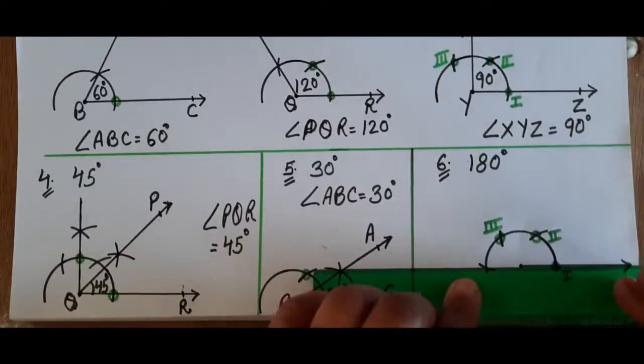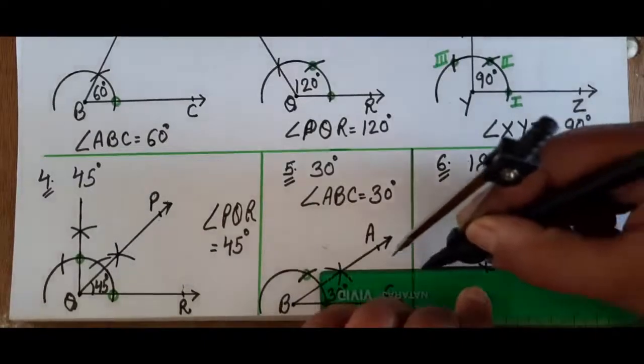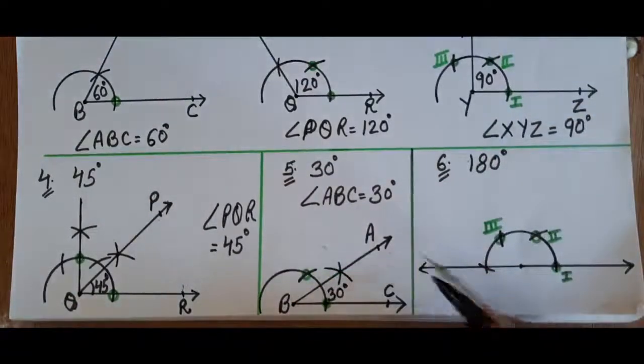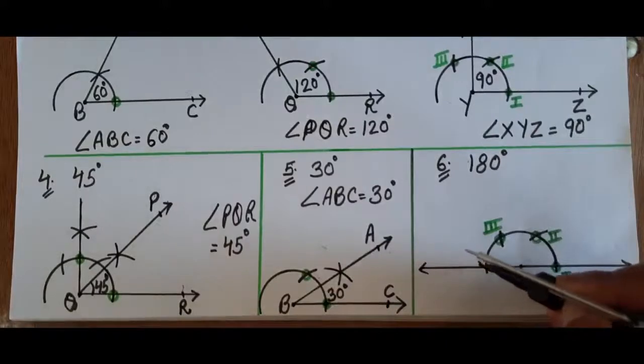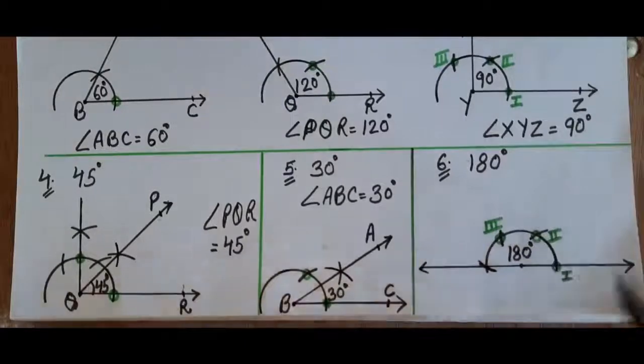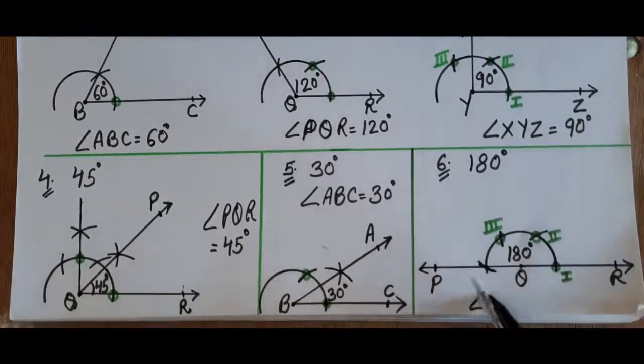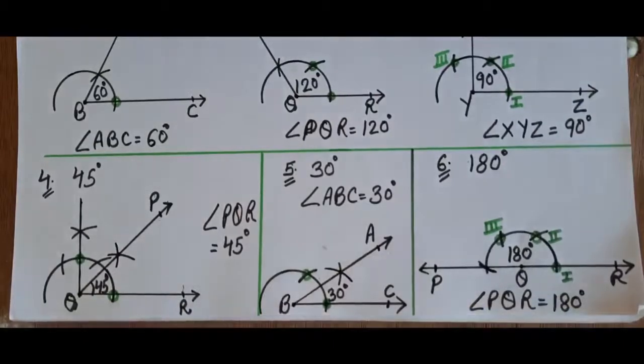You will get the angle of 180 degrees. You can name the angle PQR. So angle PQR is 180 degrees. You know that 180 degrees is a straight angle, right?